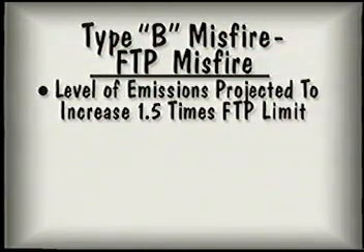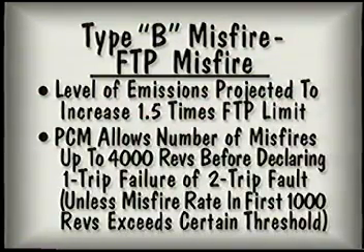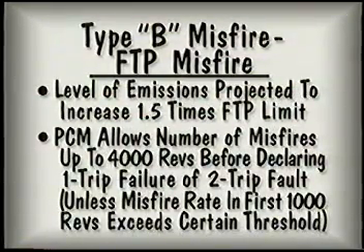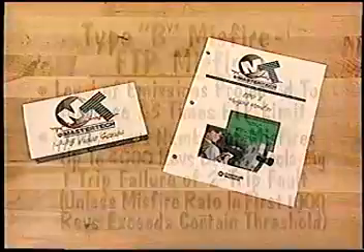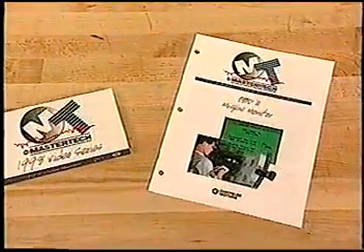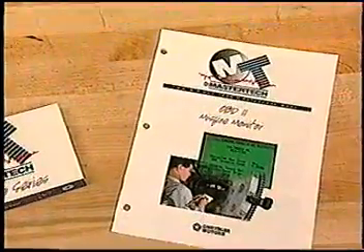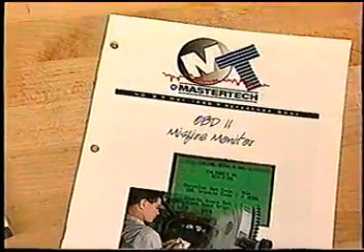It allows a certain misfire count in up to 4,000 revolutions before declaring a one-trip failure or a two-trip fault, unless the misfire rate in the first 1,000 revolutions exceeds a certain threshold. If you'd like more information about the misfire monitor, you can refer to the May 1998 MasterTech program.